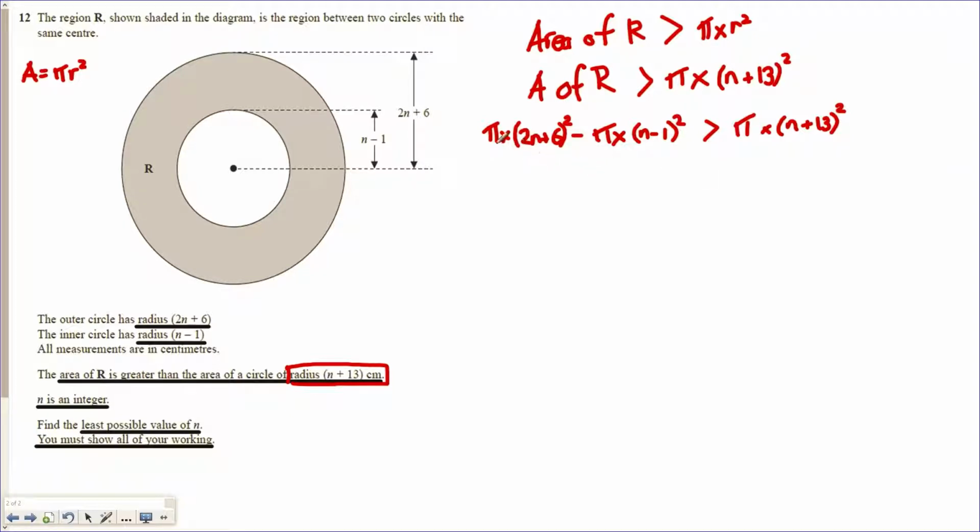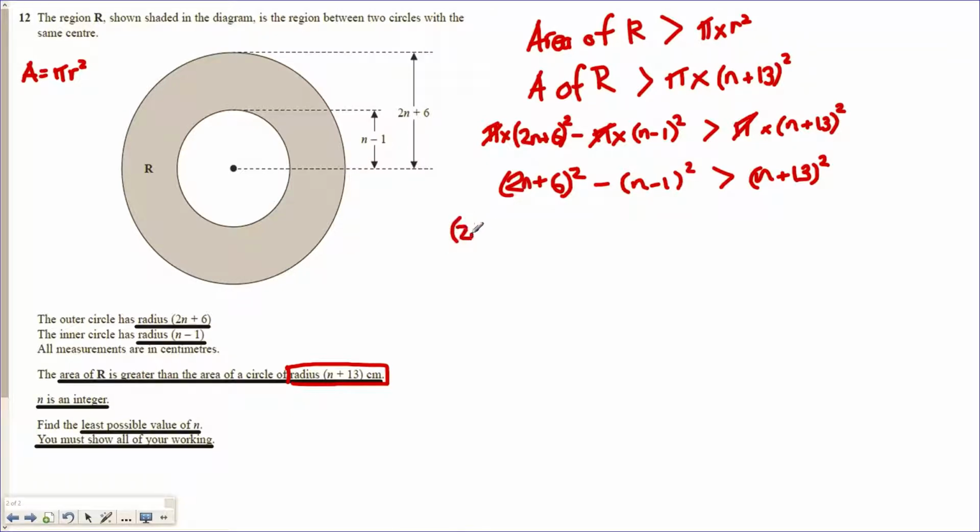Now we can divide both sides by pi, so the pi's cancel out. We're left with 2n plus 1 squared minus n minus 1 squared is greater than n plus 13 squared. So we're going to get double brackets.